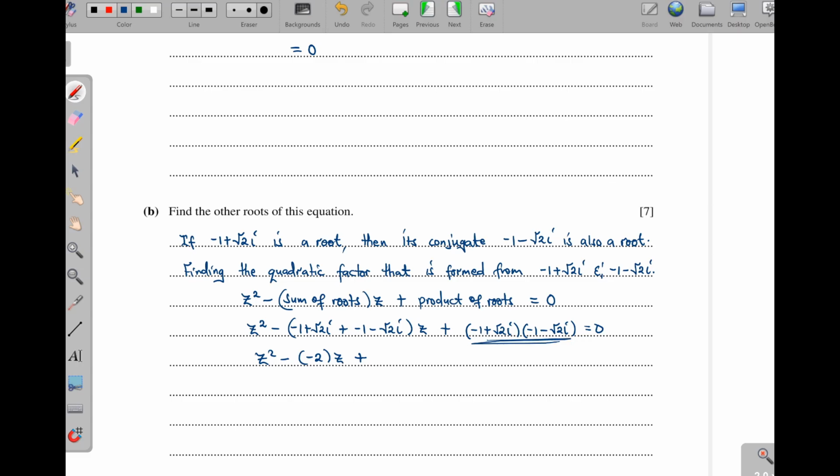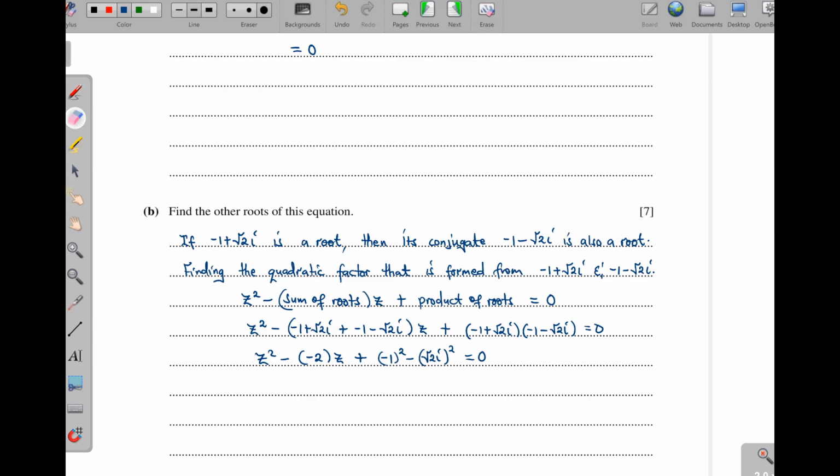This is a difference of two squares, so I will just say negative 1, then squared, minus the root of 2i. You also square that. Are we there? So here we shall get a 1, then minus 2i squared. But i squared is negative 1, so that means we shall have 1 then plus the 2, which is a 3.